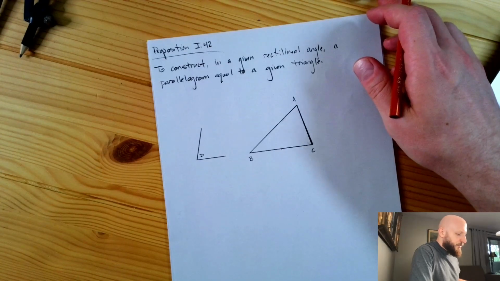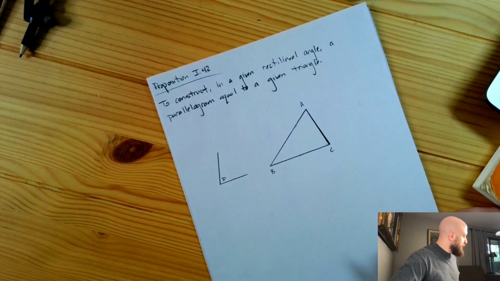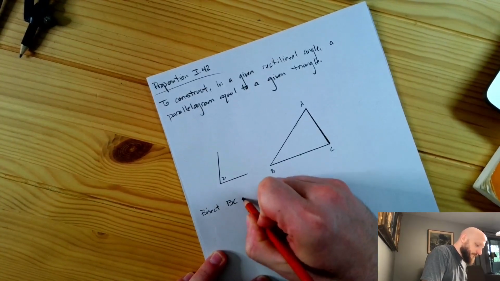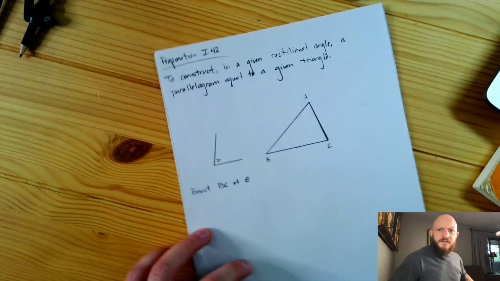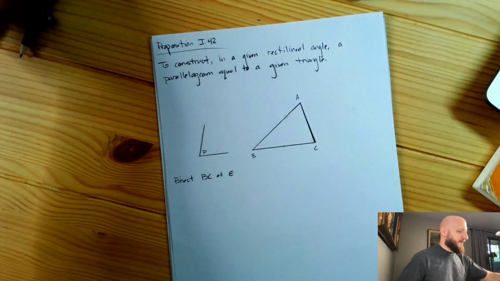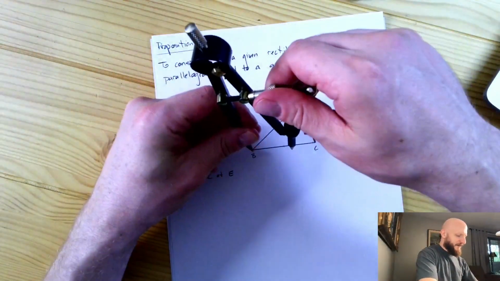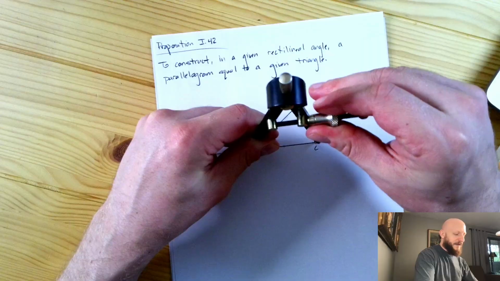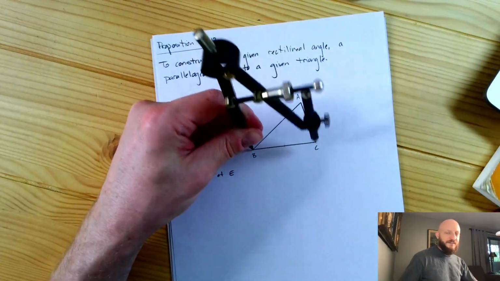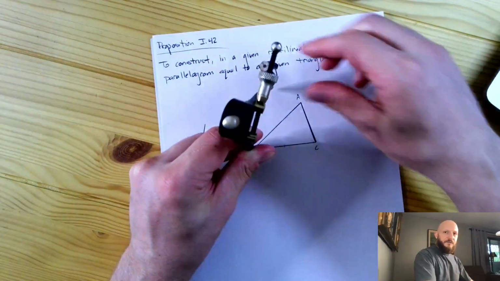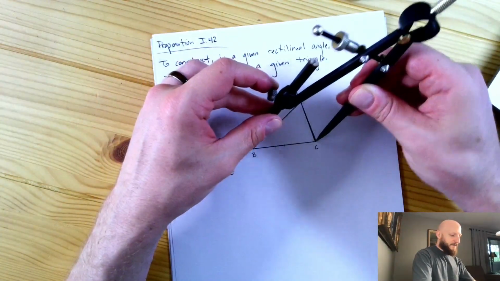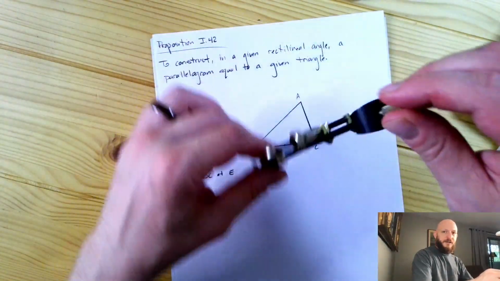It's a construction proof. So the first thing that we'll do is bisect BC at E. I already put a line on here, but just to illustrate how I did it: I made a radius of BC, put a mark at the top and another at the bottom, then did the same thing with the center at C, another mark at the top and one at the bottom.